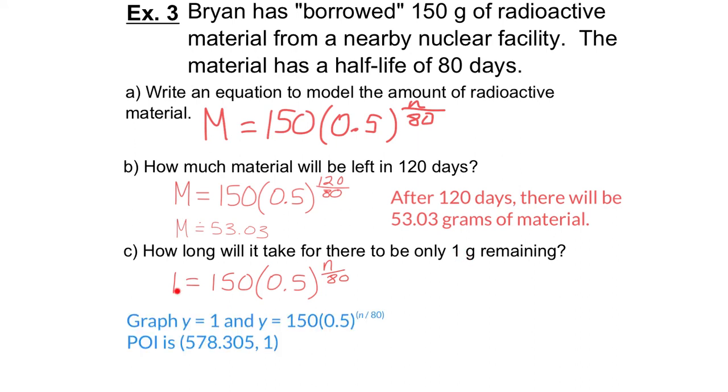I can graph y equals 1 and y equals 150 times 0.5 to the exponent n over 80 into Desmos. When I did it, I got this point of intersection between those two graphs, which tells me it will take 578 days for there to be only 1 gram remaining. And probably Brian will be dead by then because of the radiation.